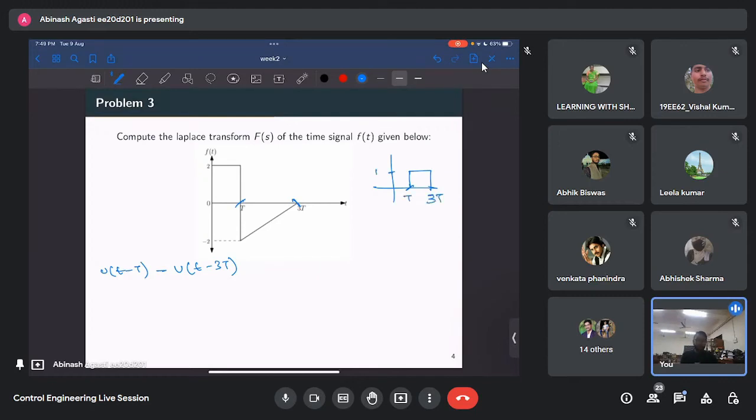So when I multiply this function with the line that we had, then I'll just get this part, which is what I need.